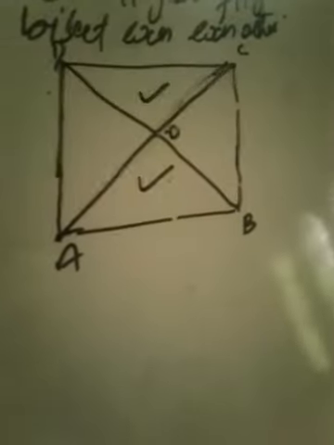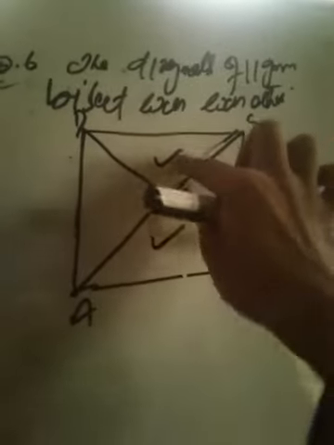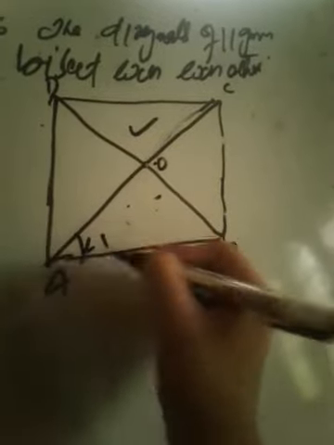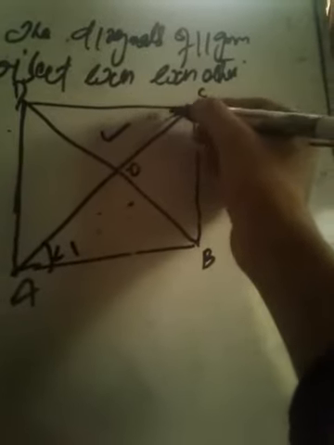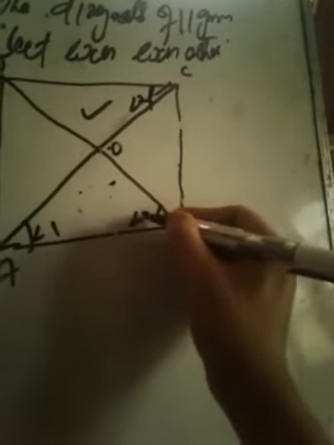We know the rules of congruence, so let us try to make these two triangles congruent. Let's name the angles here angle 1, angle 2, angle 3, and angle 4.